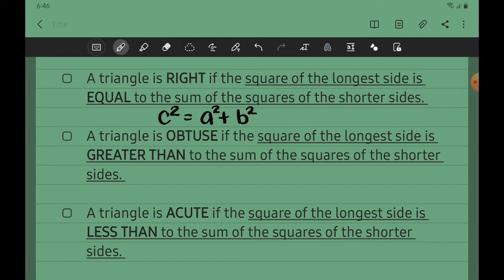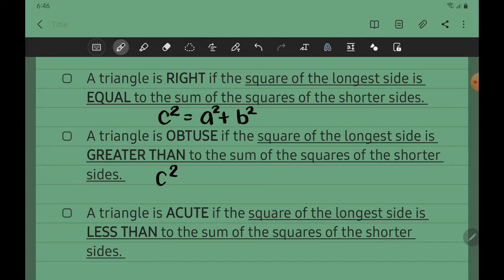Now, let us have obtuse. A triangle is obtuse if the square of the longest side is greater than the sum of the squares of the shorter sides. So, again, let us represent the longest side as letter C. So, we're going to have C squared, because it says here, square of the longest side.